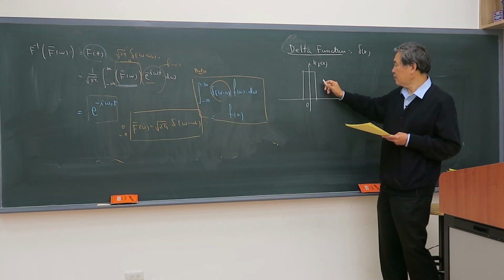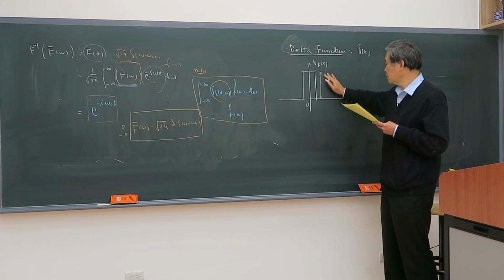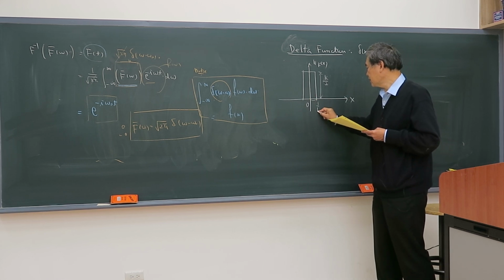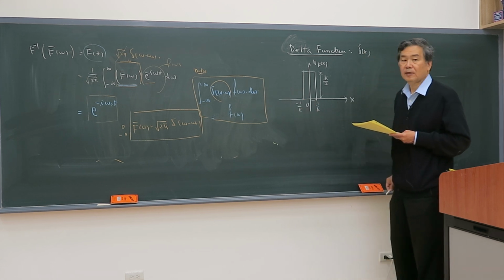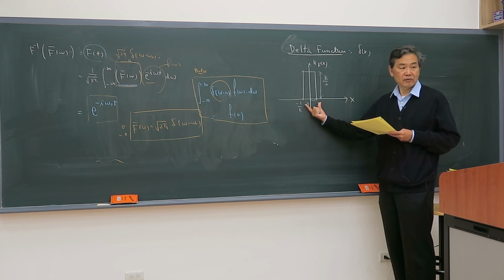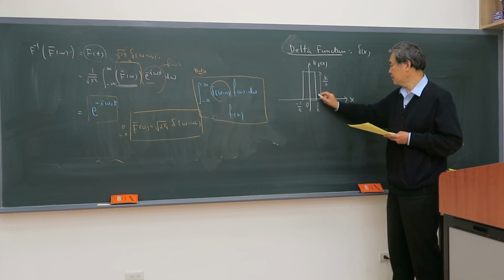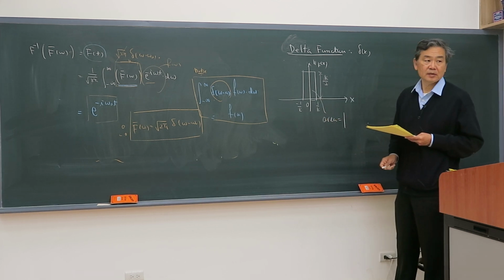This function is defined by the height, which is k over 2, and this is 1 over k. So the width is 2 over k, and times it, the area equals 1.